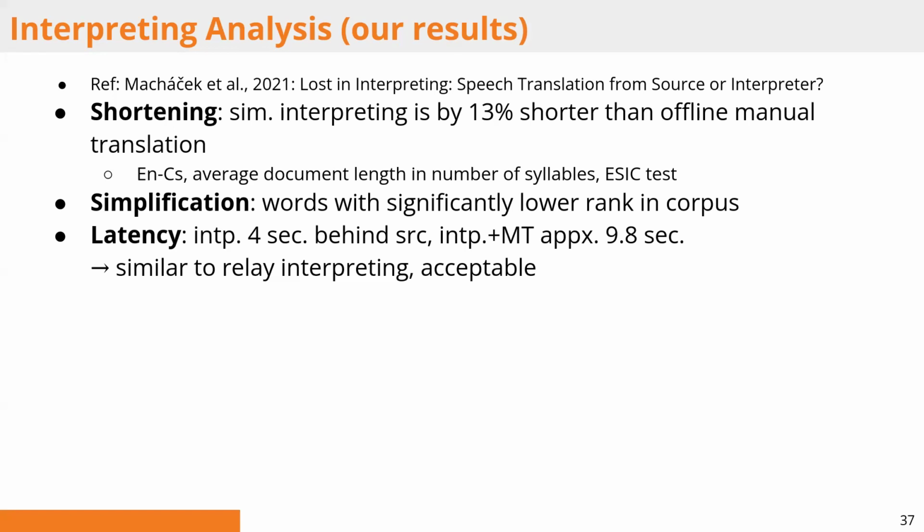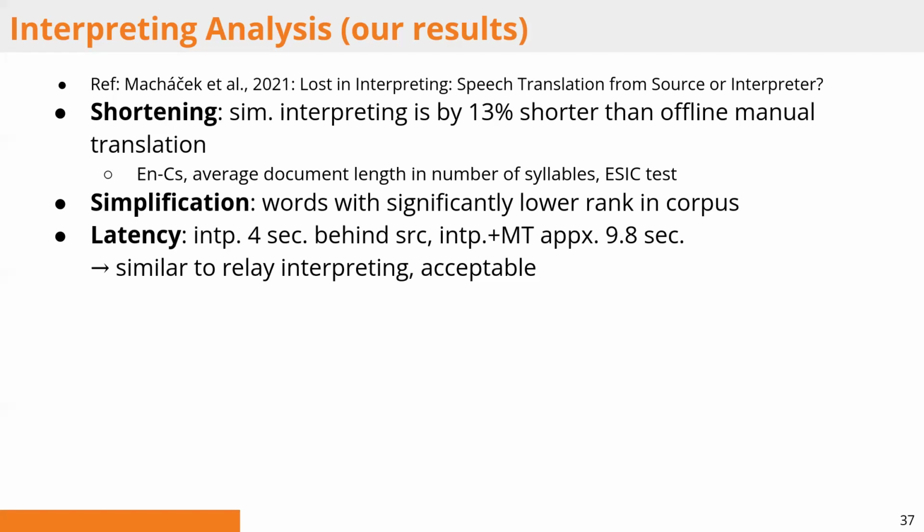We also measured the latency of interpreting, which is on average 4 seconds behind the source. And we also measured that machine translation following interpreting is approximately 9.8 seconds behind the source, because it was some retranslating machine translation from 2020. Today it can be different, but we realized that this result is similar to relay interpreting, because sometimes when it's impossible to translate one language directly into another, then there is an intermediate interpreter.